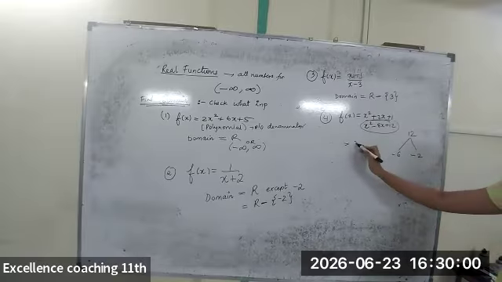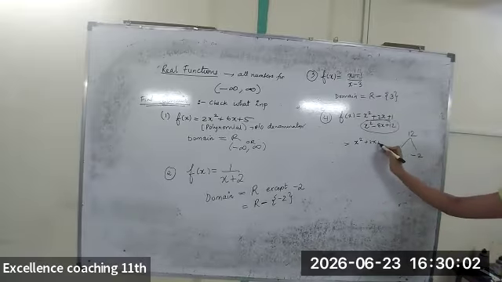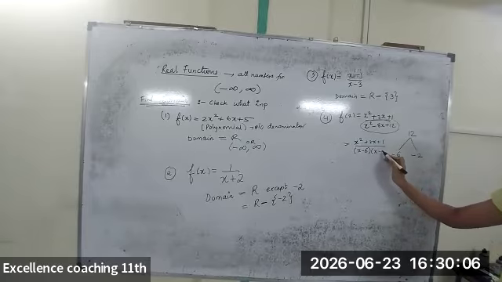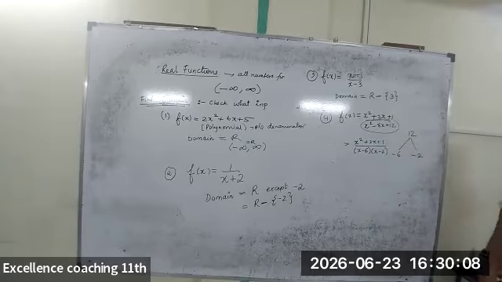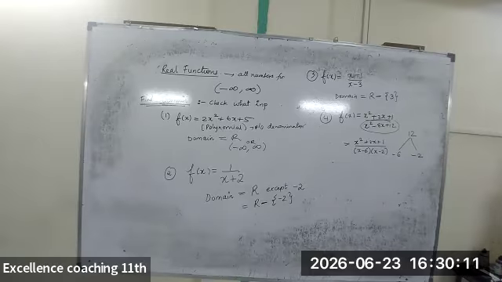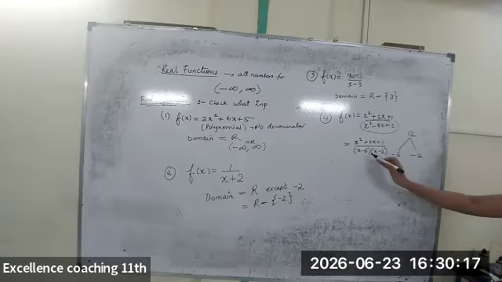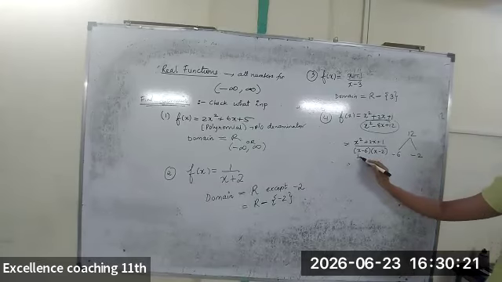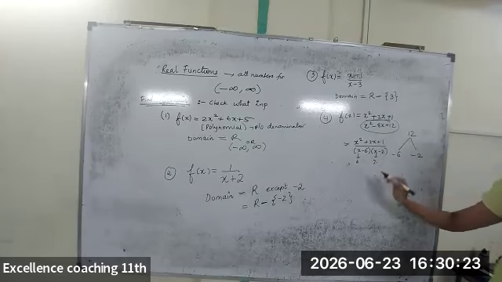So you will write it as x minus 6 into x minus 2. Now there are two numbers for which the denominator can become 0. Which are the two numbers? 6, and if you put 2 as well.